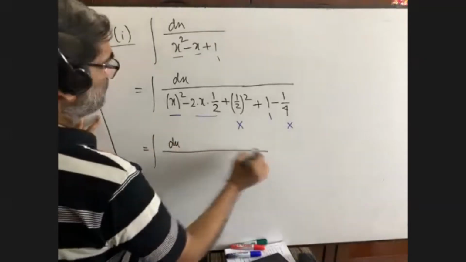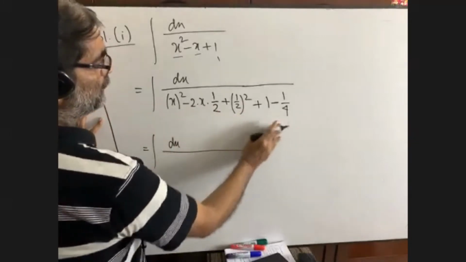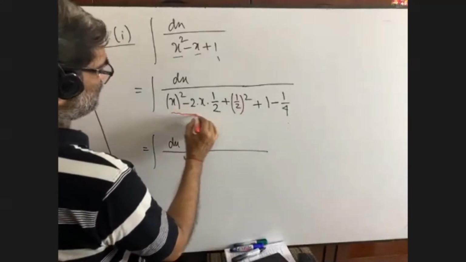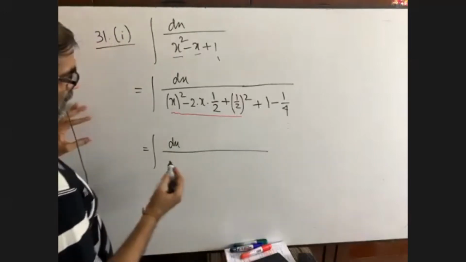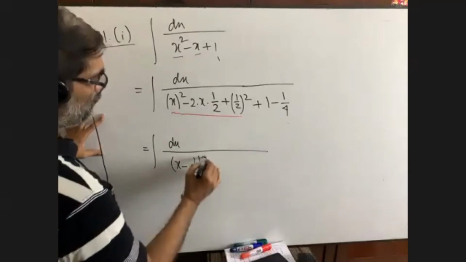dx by, it is what? You see the first three terms can be put into formula of a minus b whole square. A minus b whole square.